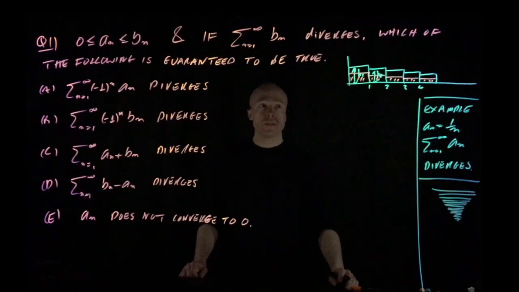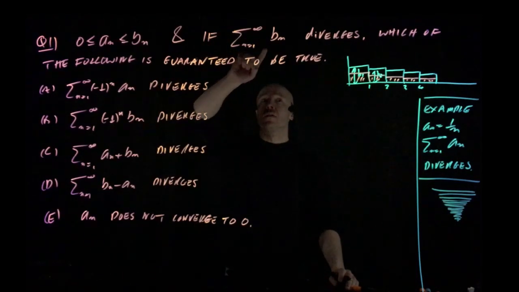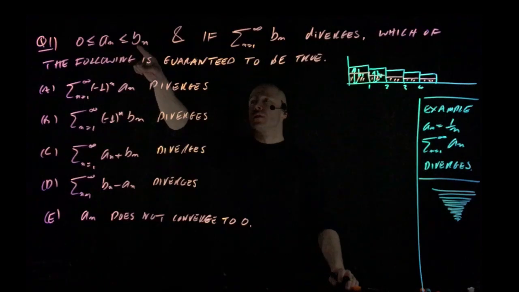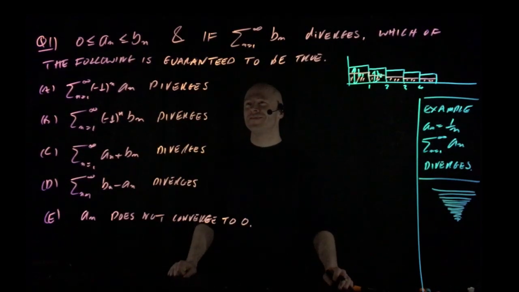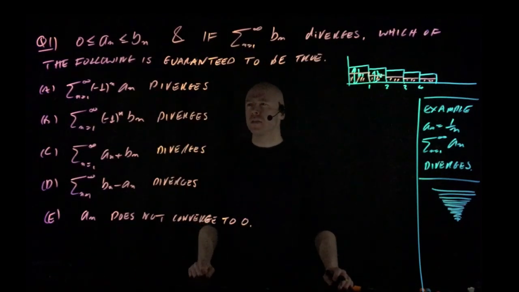So the fact that we have an less than bn means we have no restriction on how small the an have to be or how quickly they go to 0. And we're also creating an alternating series out of them. So this definitely does not need to be true.